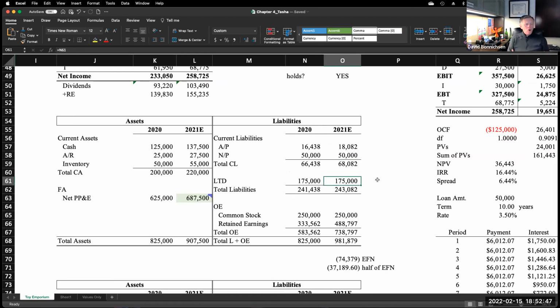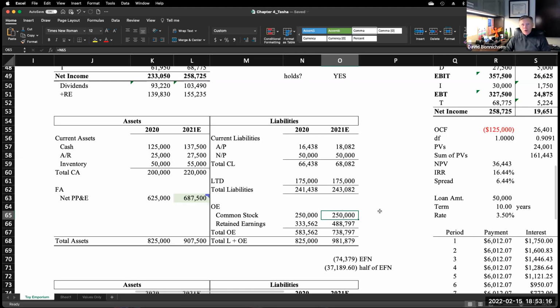We don't quite know how out of balance we are, and we haven't decided yet whether we want to use debt or equity to plug the gap. So we're going to keep our financing decisions neutral. Notes payable stays the same as the year before. Long-term debt stays the same. Common stock, our equity, stays the same as it was the year before.